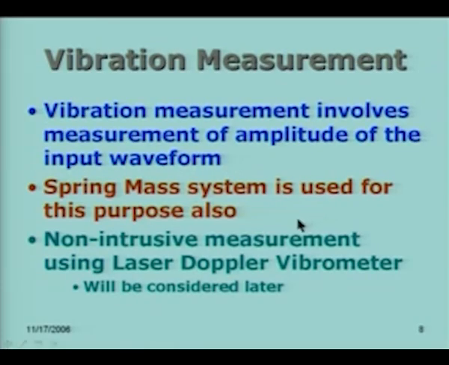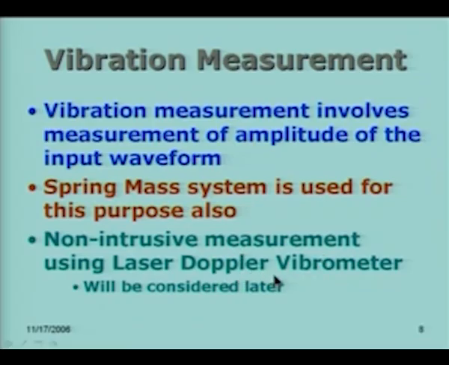Secondly, as I talked about, vibration measurement involves measurement of the amplitude of the input waveform, and the input waveform may be any waveform. It need not be sinusoidal, it could be non-sinusoidal. That is one complexity which is going to come when you want to measure the vibration amplitude. For this purpose also I can use a spring mass system, or in fact I am going to describe later a non-intrusive measurement using a laser Doppler vibrometer.